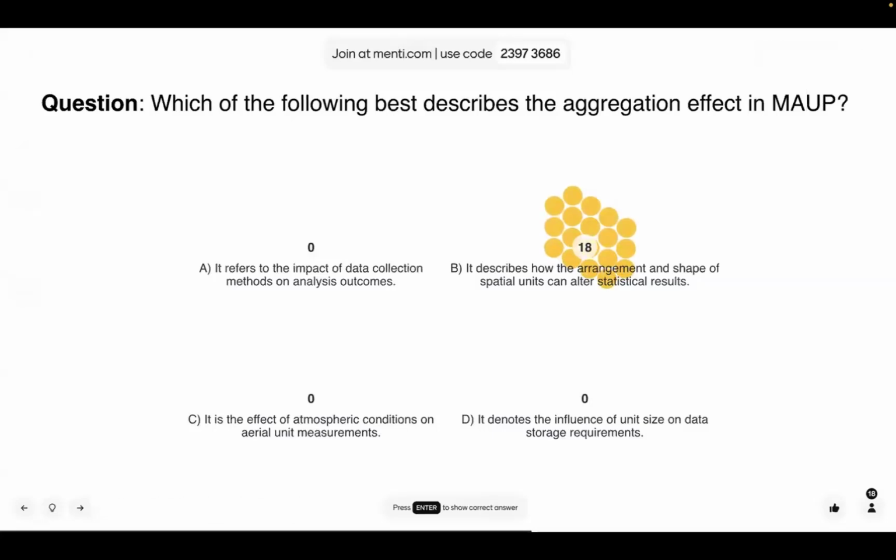The aggregation effect is observed when the scale of analysis is fixed, but the shape of the aggregation units changes. So, for example, let me try to give an example. If you use data aggregated to 1 mile grid scales, this will obviously be very different to using data aggregated to 1 mile hexagon scales.